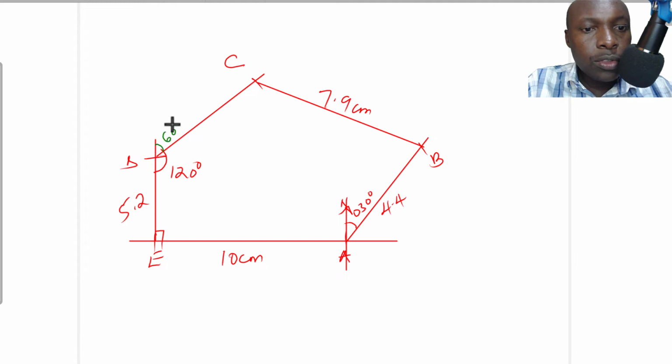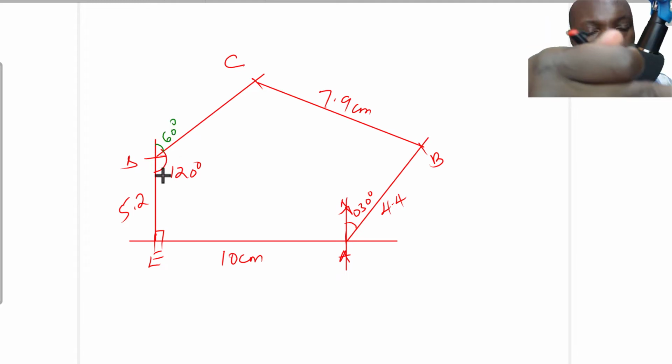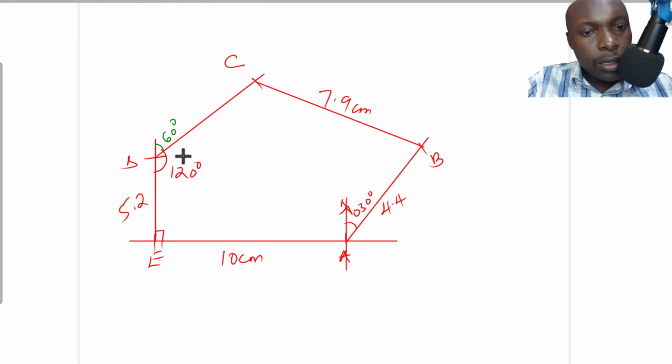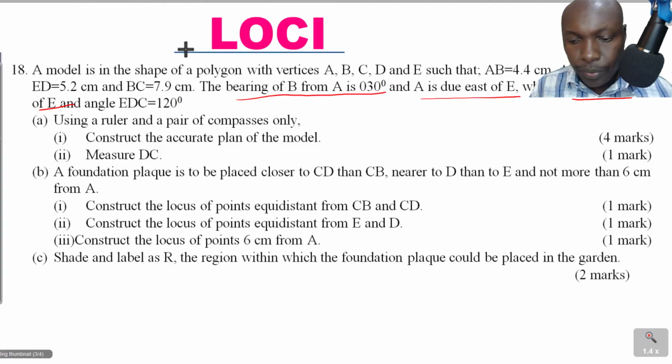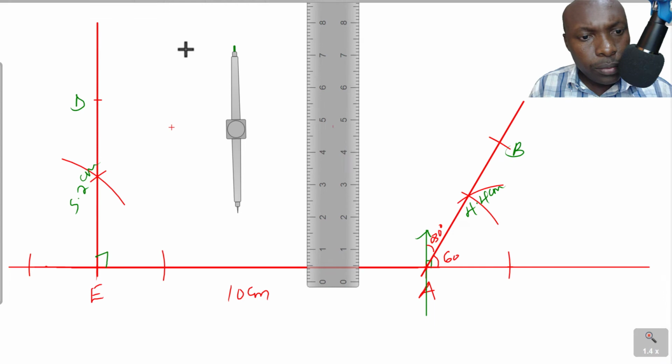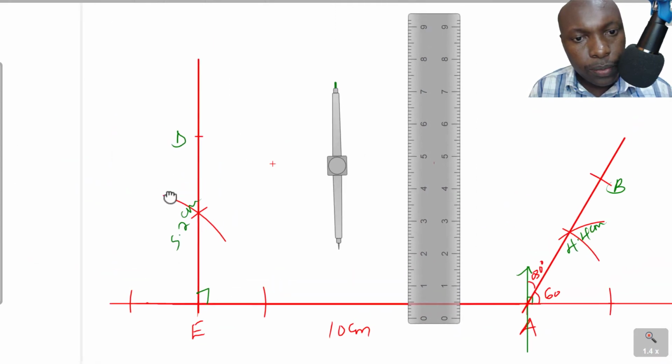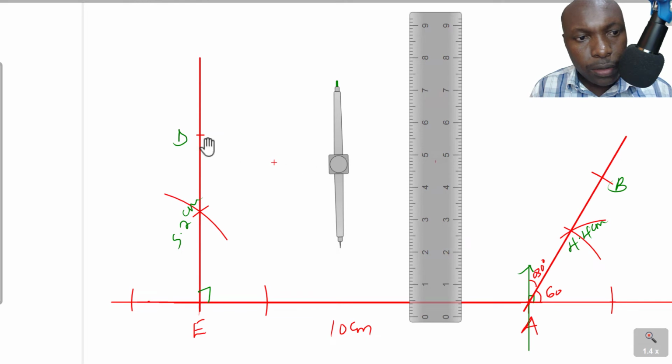Once we construct 60 on the other side, we're going to automatically obtain 120 on the opposite side, since the sum of angles on a straight line should be 180. So now we need to construct 60 degrees from that side. So this is how we're going to do it. Now that is quite easy.